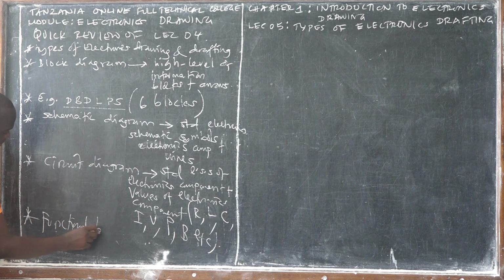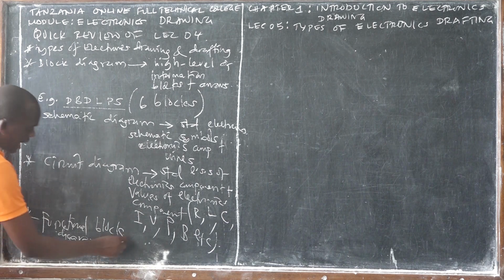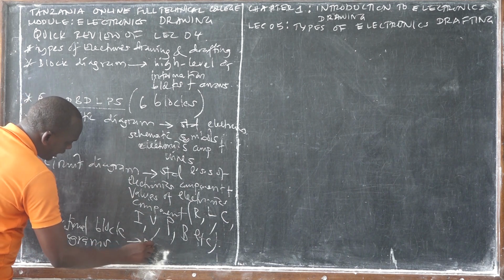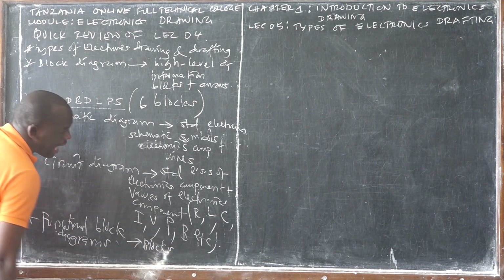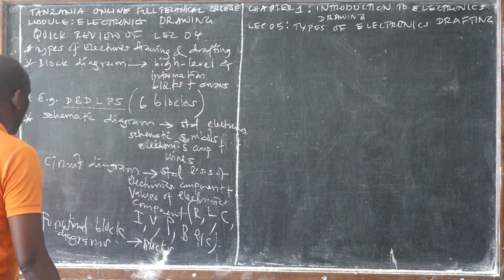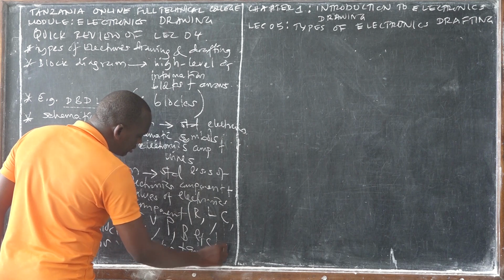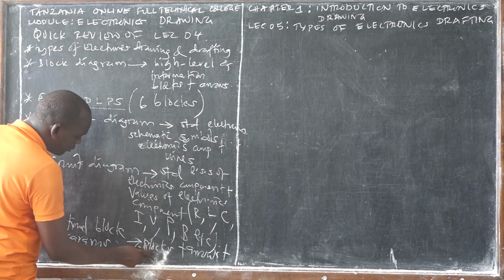This is the type of block diagram in which the information is represented by using blocks and wires. Sometimes there are arrows and sometimes there are just wires. For this one we are using blocks, in some cases arrows, and in some cases just wires.